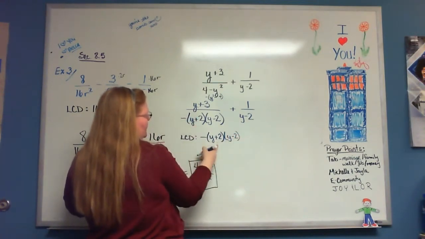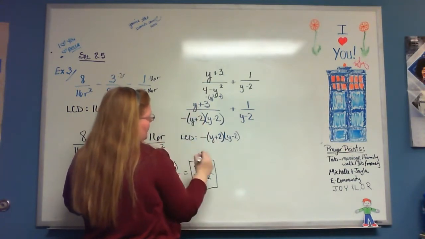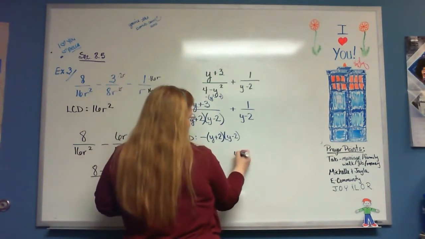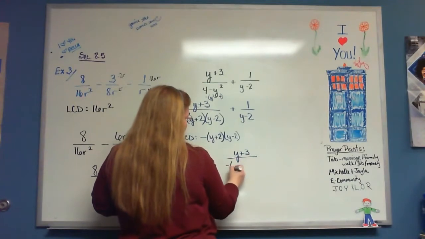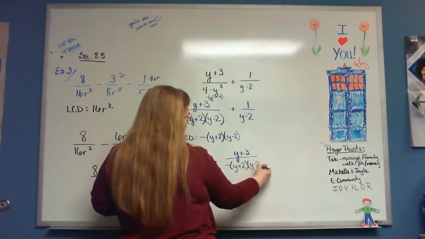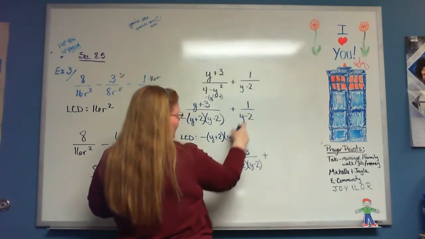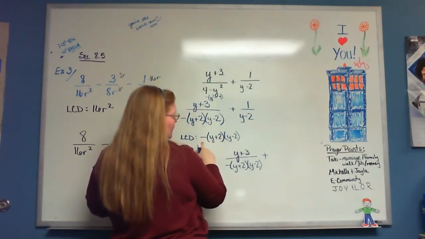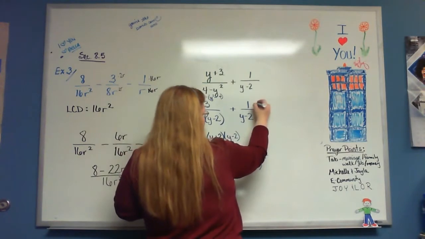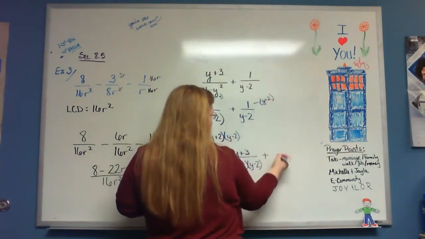So looking at this one, I already have that. So I don't need to multiply this top by anything. I just have y plus 3 over my negative y plus 2, y minus 2. Over here, I have the y minus 2 part, but I don't have the y plus 2 or the negative. So I need to multiply this top by a negative y plus 2.